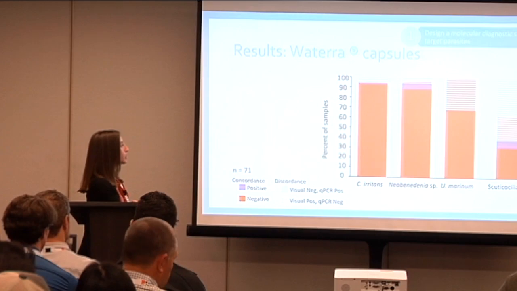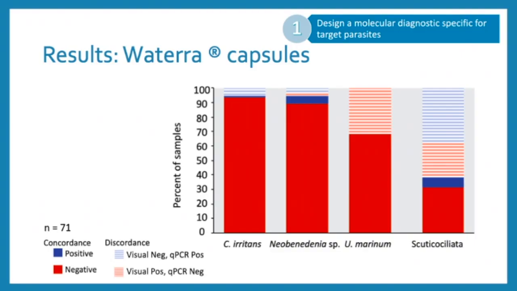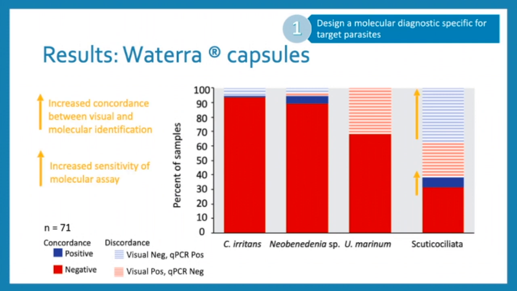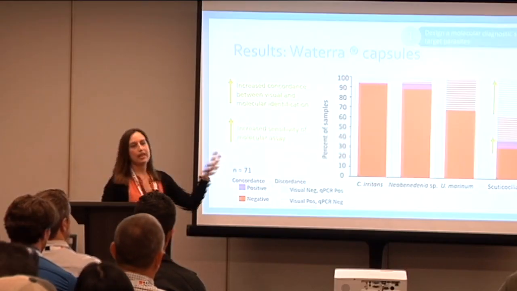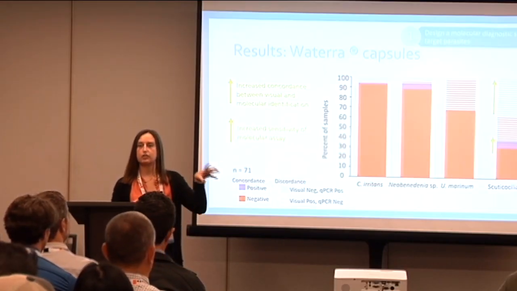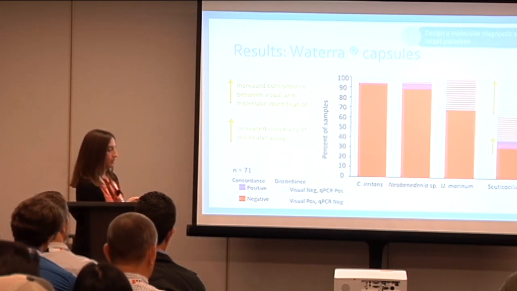But again, when we go to adding in those other two targets for the scuticociliates, we increased our concordance, and now we've increased our sensitivity. So what I want to show here that's different from the last slide is that with these Waterra capsules, these blue and white stripes mean that we were having positive qPCR detection when they weren't seeing any infections in their fish, in their systems. So that's great.